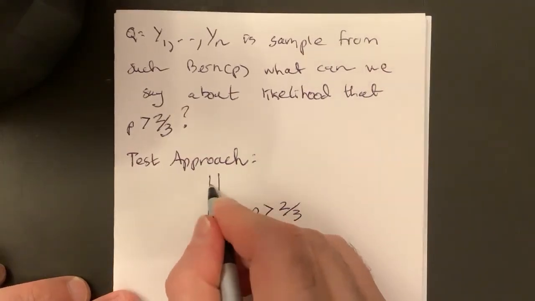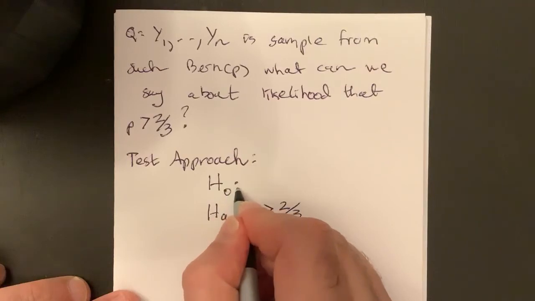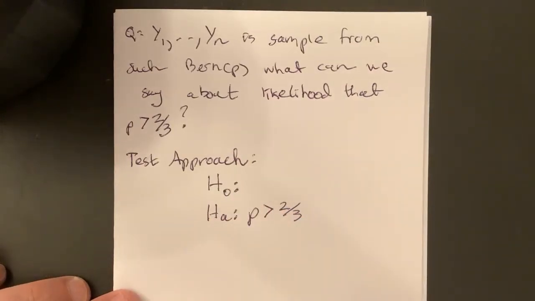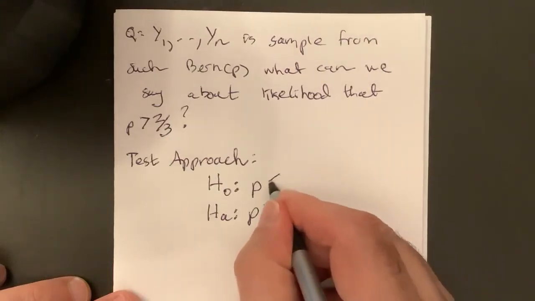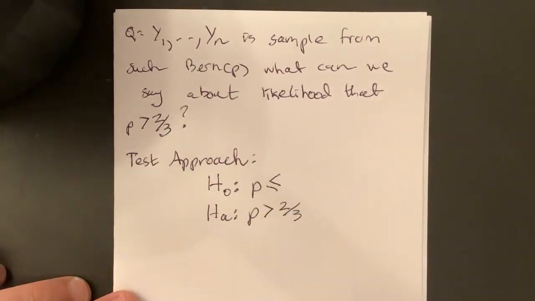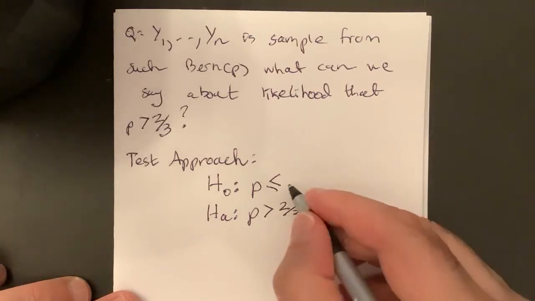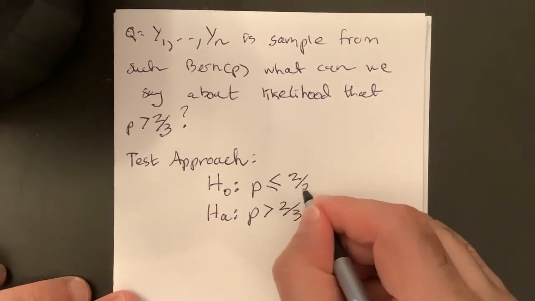Before that would come a set for P that is disjoint from that set. And you could just complete all possible values here and say H0: P is less than or equal to 2/3.